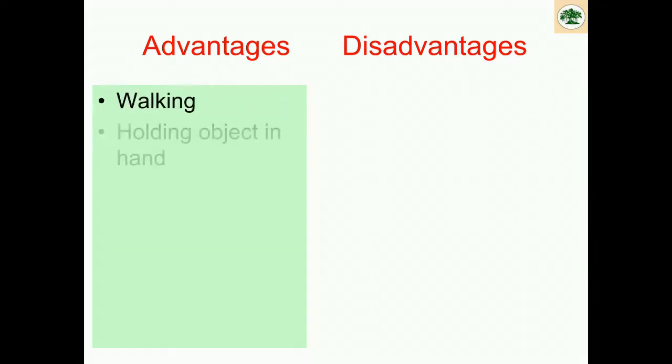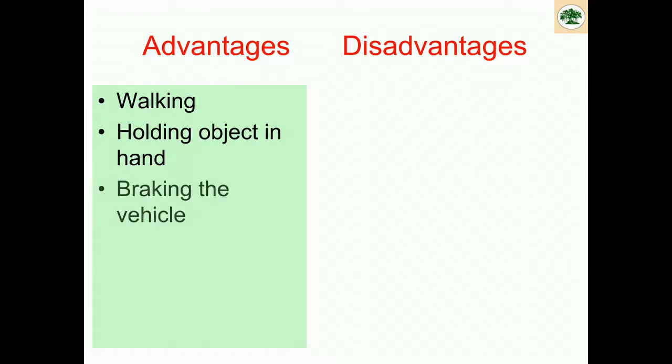Now the advantages and disadvantages of friction. Friction is necessary for walking. To hold an object in the hand, friction is necessary. To stop a vehicle, brakes are necessary. Braking means applying frictional force to moving vehicles.